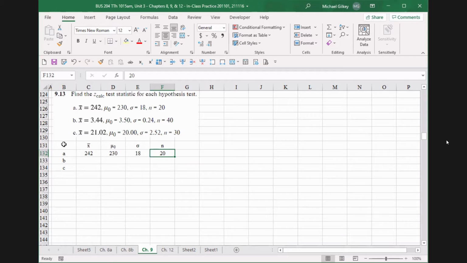Okay, so do I have enough information to use the standardized function to compute my test statistic? Are you sure? Is it that we're using X bar instead of the actual mean?